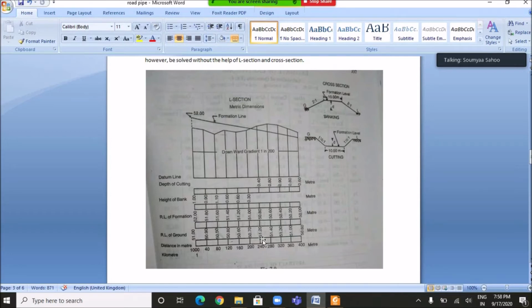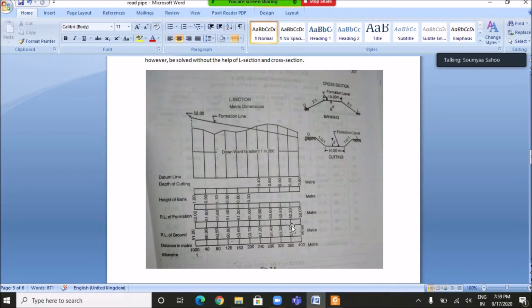So first you have to draw a rectangular box like this, where you mention the distance in meter, and here you can also mention the stations. The distances are mentioned in the given data: 1000, 1040, 1080, 1200, and so on, up to station number 35.